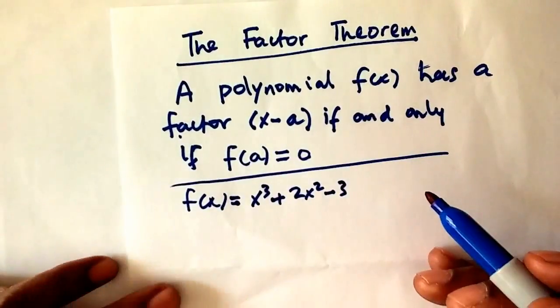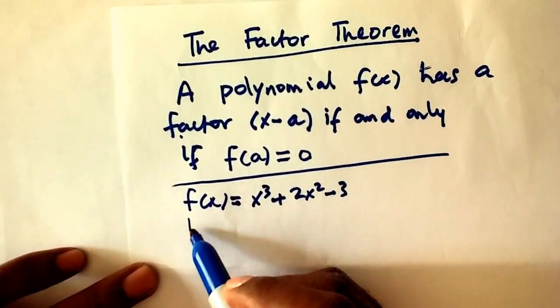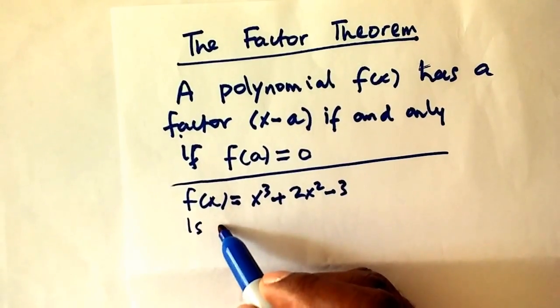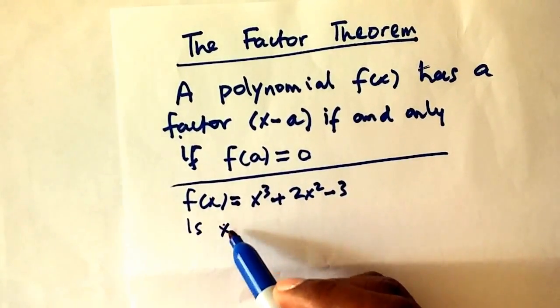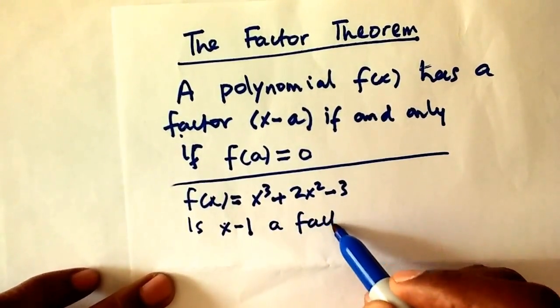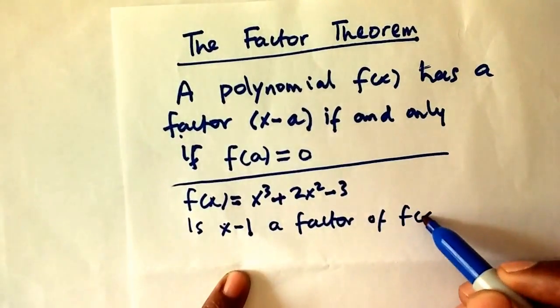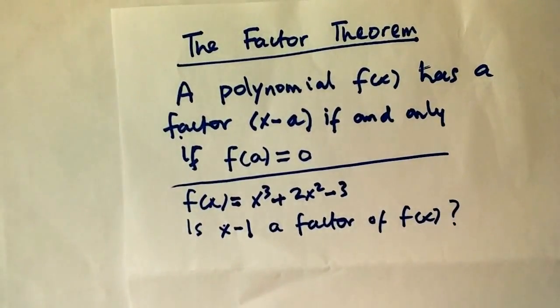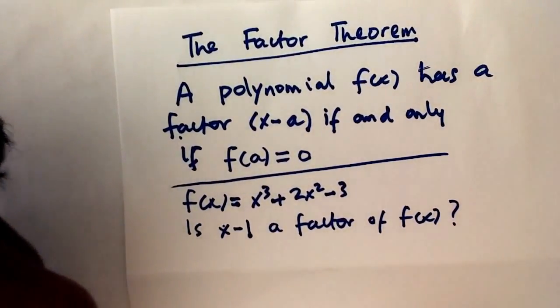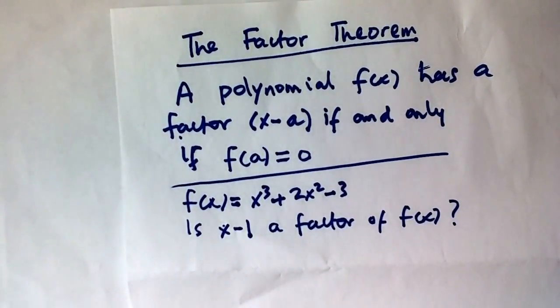So the question is this. Sometimes I want to know, is x minus 1 a factor of f of x? This is the question. I want to know if x minus 1 is actually a factor of f of x.